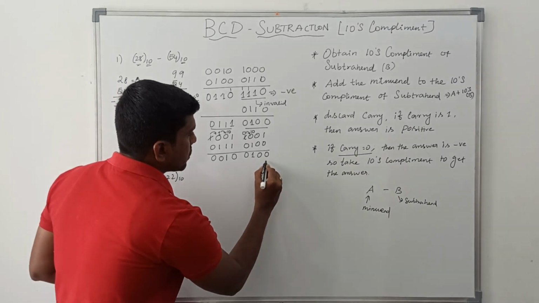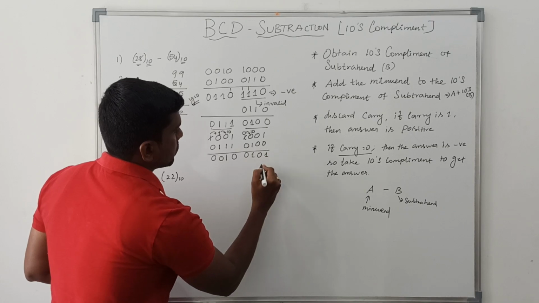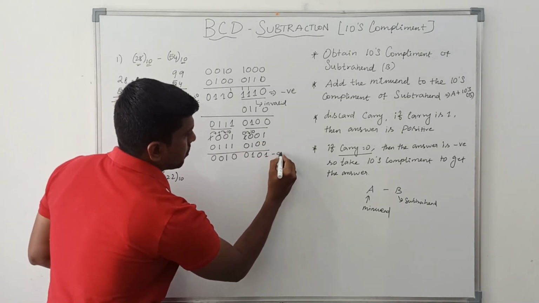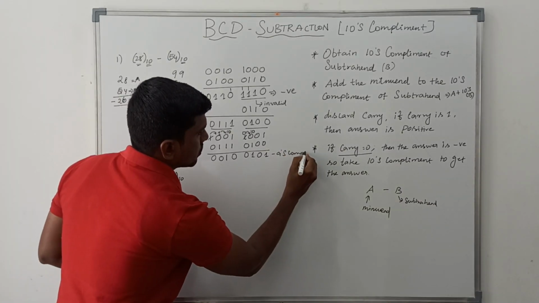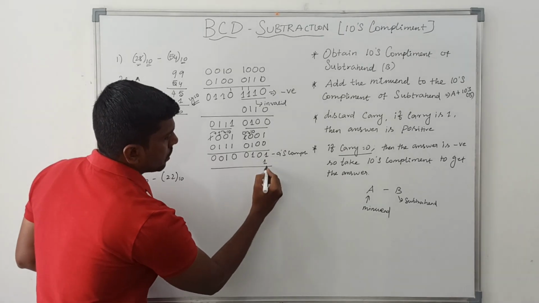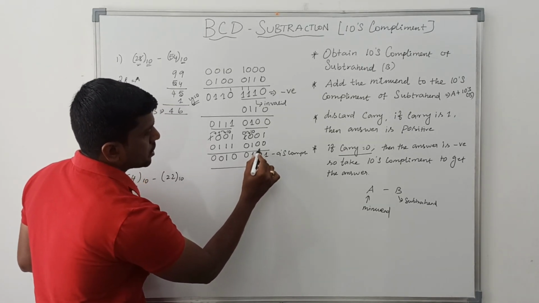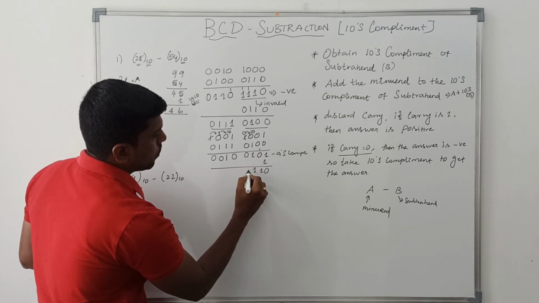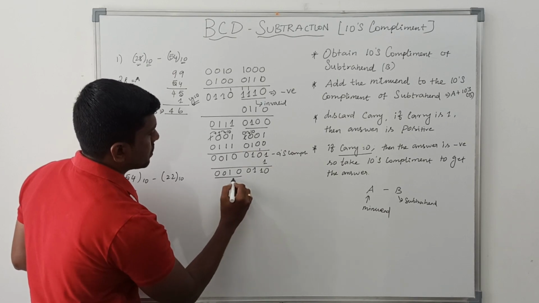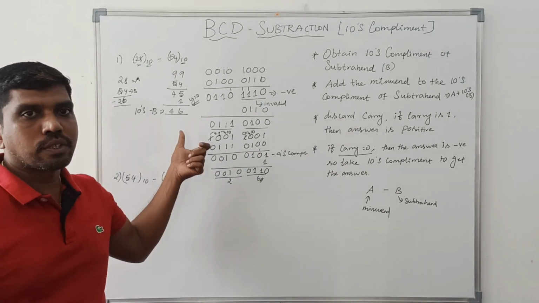The 10's complement means you add 1 in the LSB. 1 plus 1 is 0, carry 1. This carry propagates to the next bit. The answer is 26. So that is the solution for the first problem.